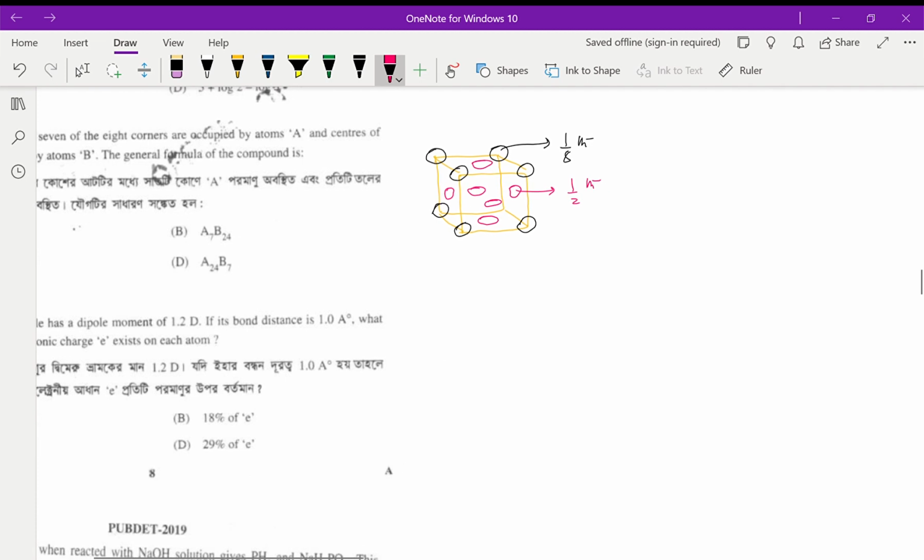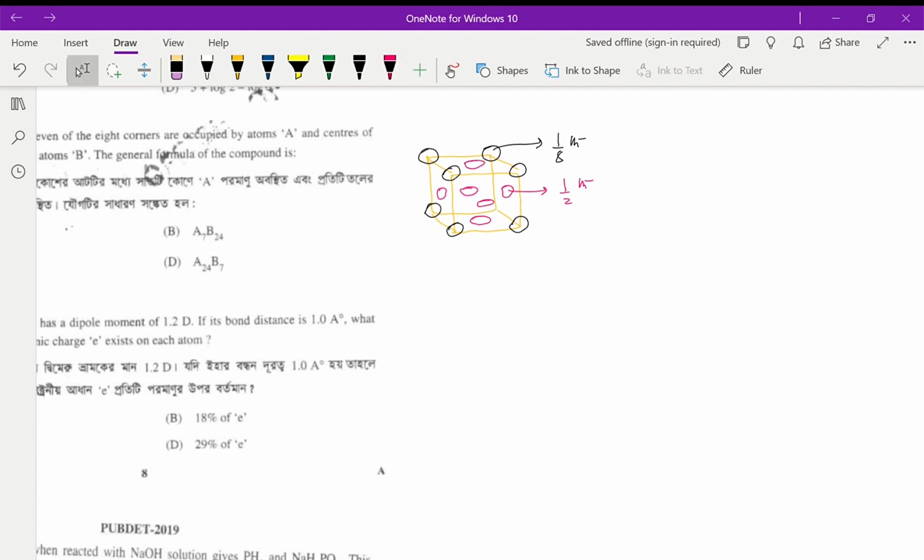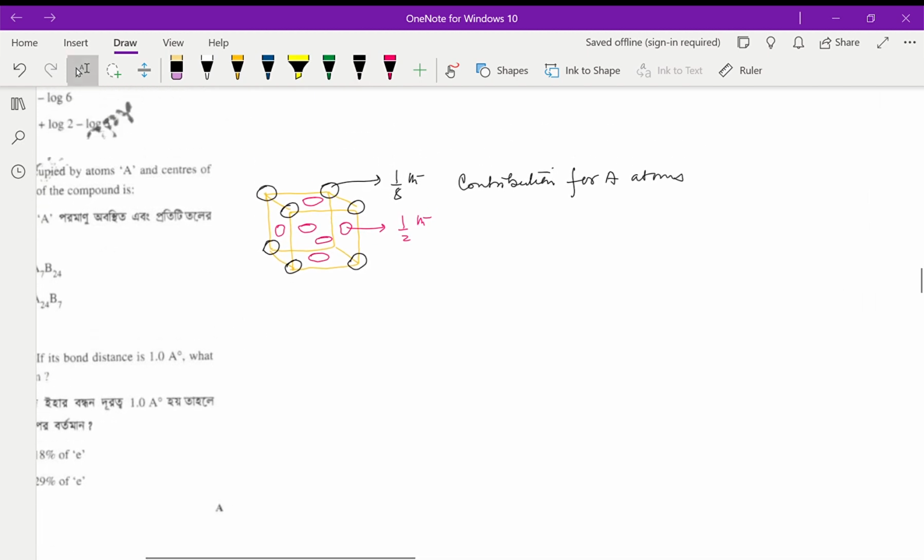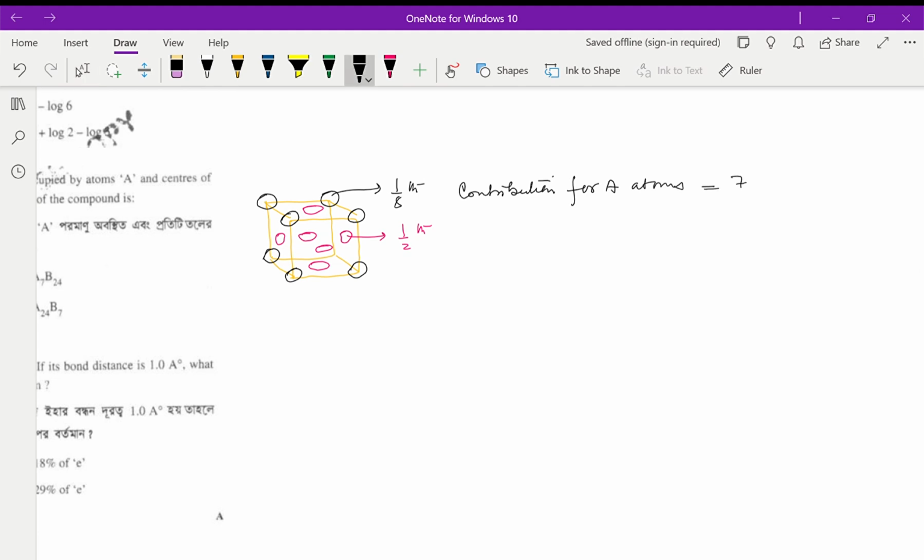So how many A atoms are there? Contribution for A atoms: the number of atoms is 7, and each contributes 1 by 8, so the total contribution becomes 7 by 8.